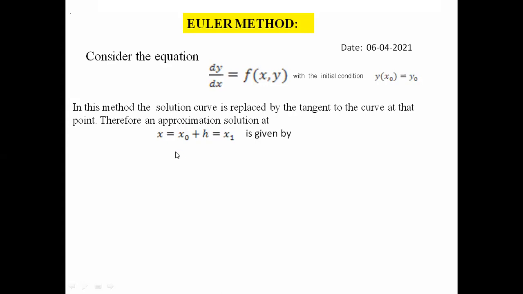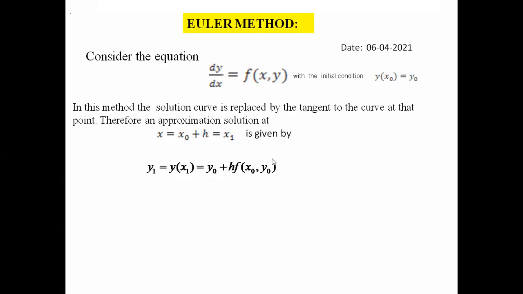So at the point x is equal to x naught plus h, let it be x1, the solution is given by this formula. It is denoted by y1. y1 means the value of y at the point x is equal to x1. It is given by y naught plus, where y naught means the solution at x naught, the initial condition.